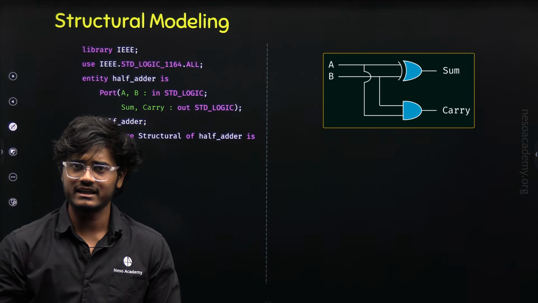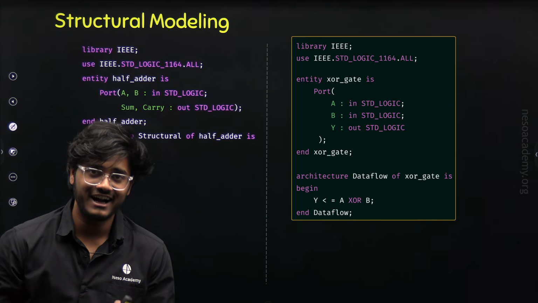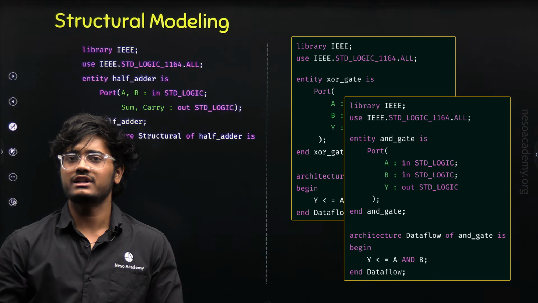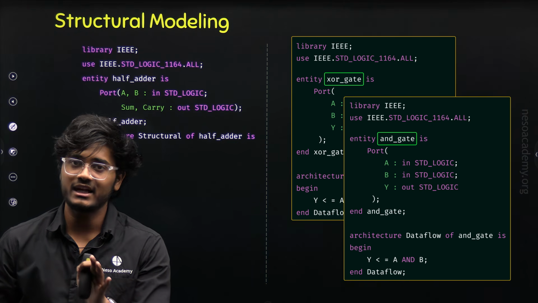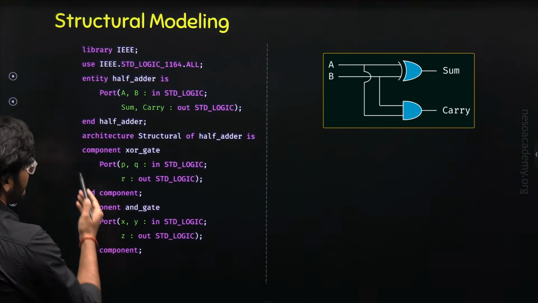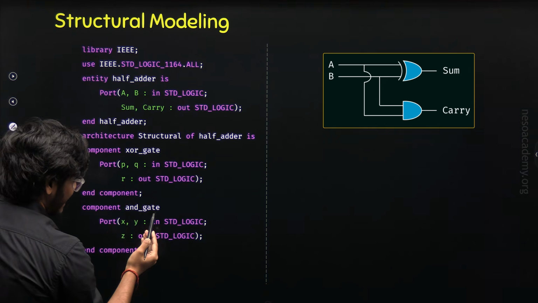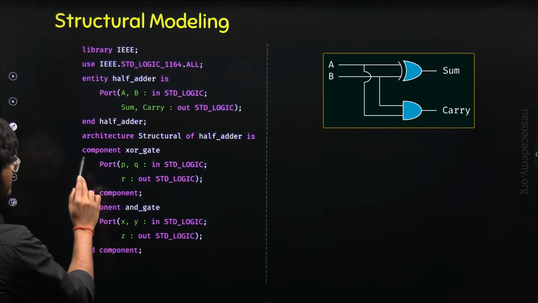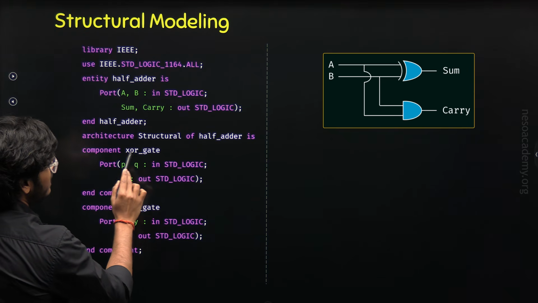So inside the architecture, we will declare the XOR gate component and AND gate component using the keyword component with the same entity name of the components. Let's see. Here, we are declaring the two components, XOR gate and AND gate, using the keyword component XOR_gate.